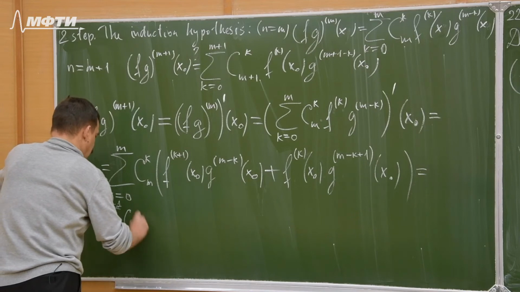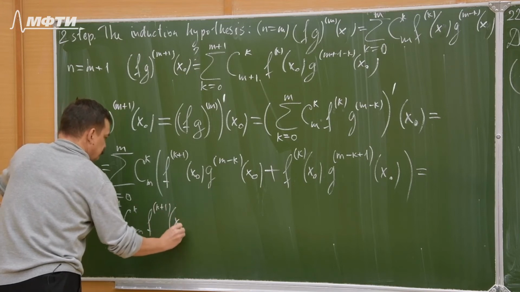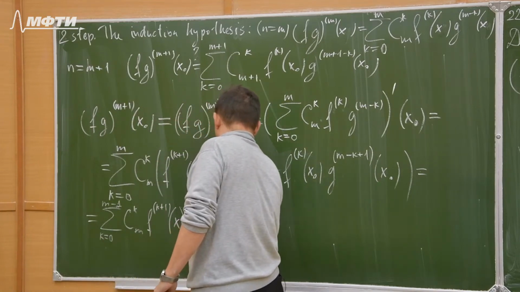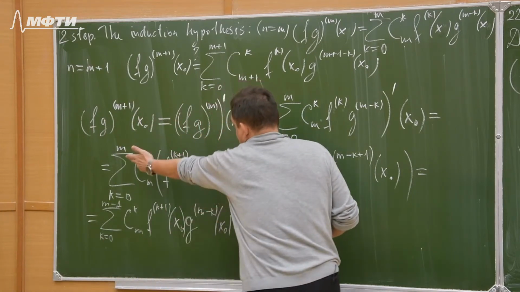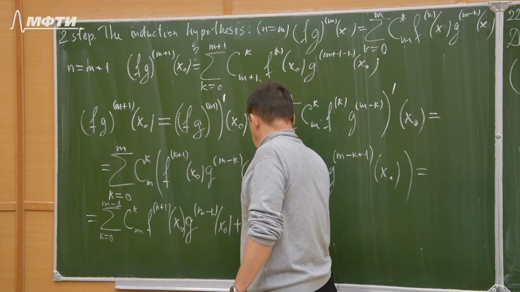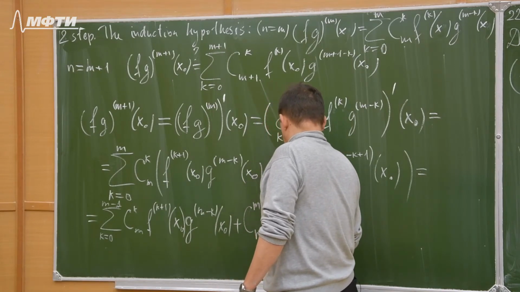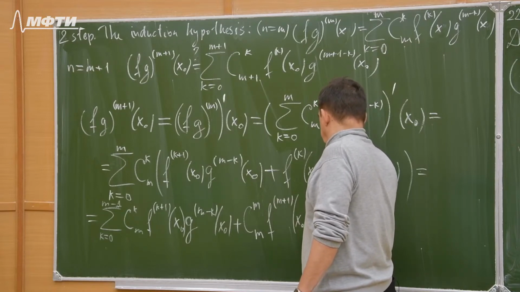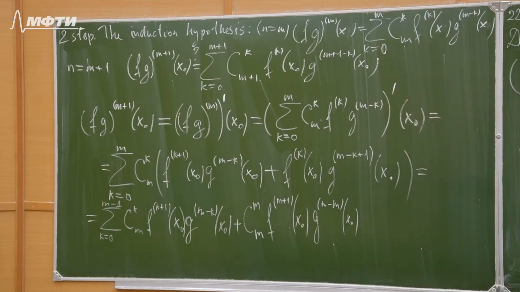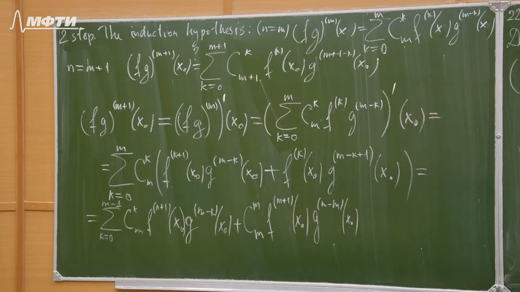So let me write down what we obtain then. Plus the very last term with k equals to m, that is this one, for k equals to m. That is the sum of the first terms.